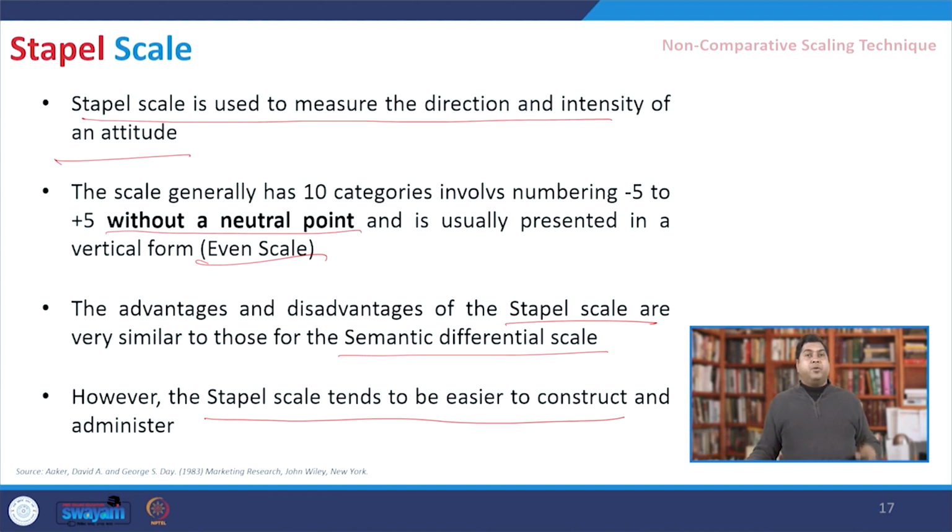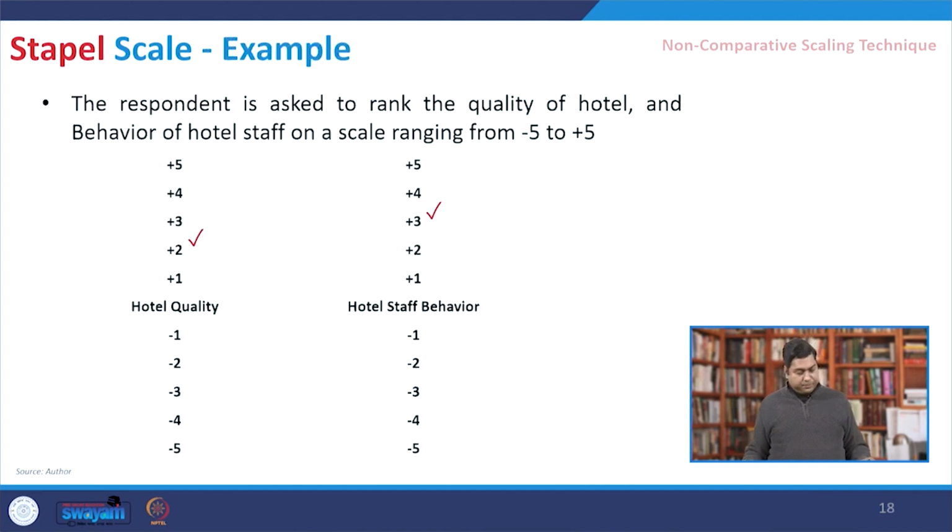But again, the problem is many times we have to give the respondent the freedom to select even the neutral one. Say in a particular tourist destination you want to measure hotel quality and hotel staff behavior. It has the range, where you say quality is negatively influenced or positively, so you can always select a number out of that. Normally it is something like this that you can use.